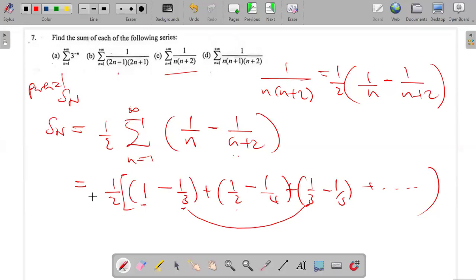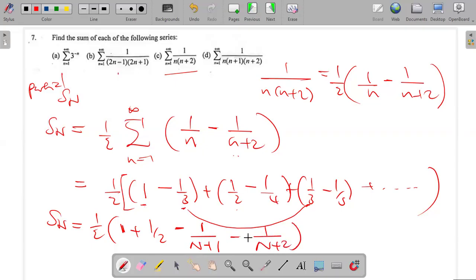So in short, Sn is going to be one half times, 1 plus 1 over 2, minus 1 over n plus 1, minus 1 over n plus 2. These are the negative terms that remain.